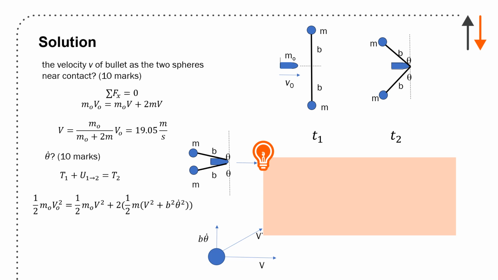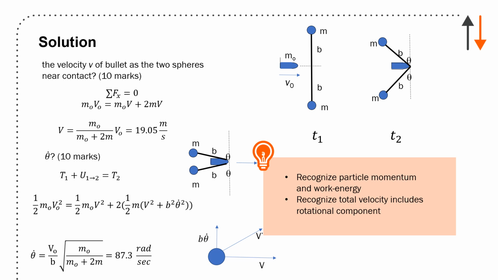And then the two spheres here, which I've identified with the x's, are going to have v squared plus b squared theta dot squared, and then close parenthesis. There should be another parenthesis right there. And I can say theta dot equals v0 b square root of m0 plus 2m equals 87.3 rads per second.